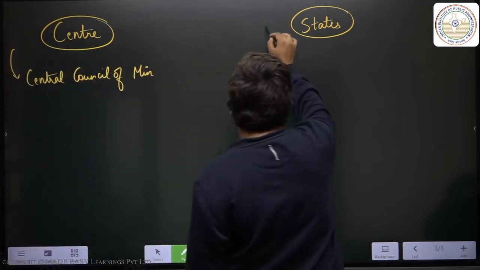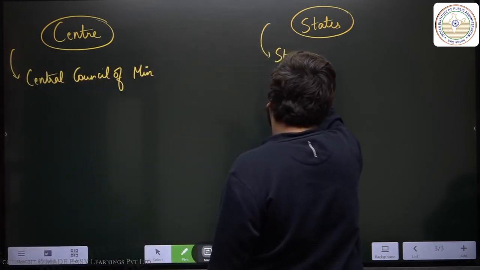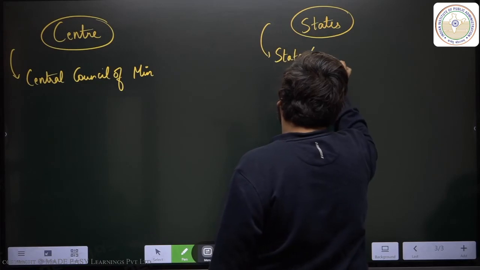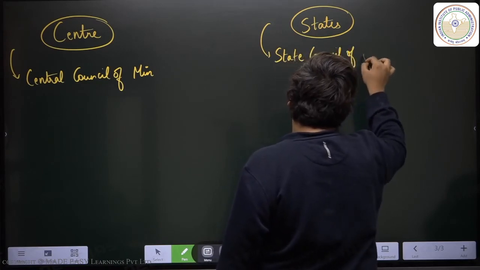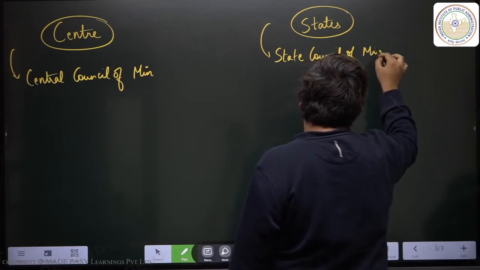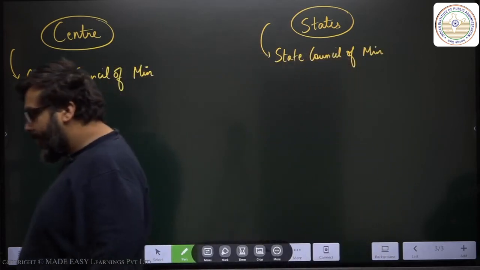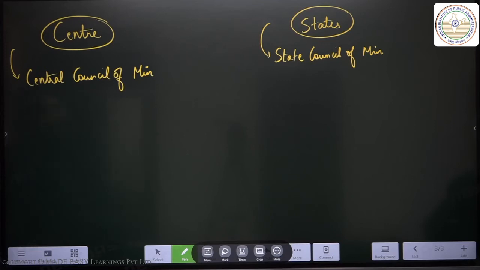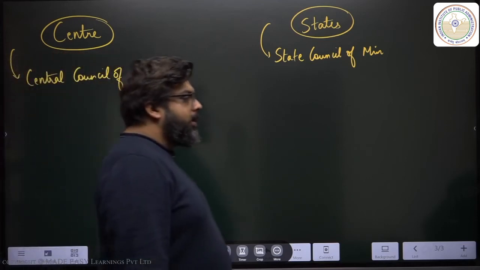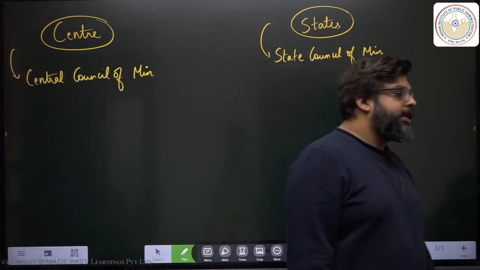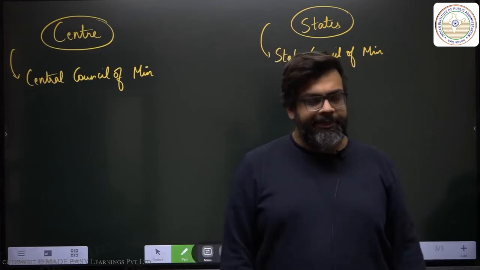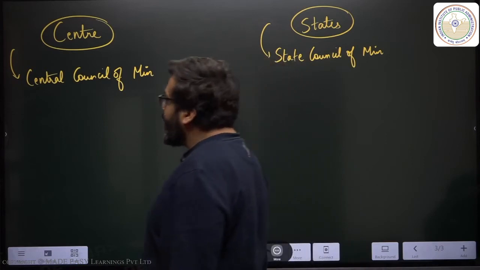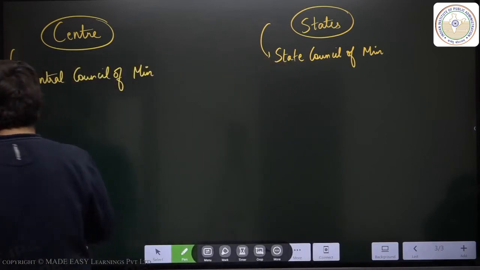Here these are called State Council of Ministers. Now, this is the collective term. This basically means the total number of ministers of any kind in any capacity. Alright? Now, what are the different kinds?